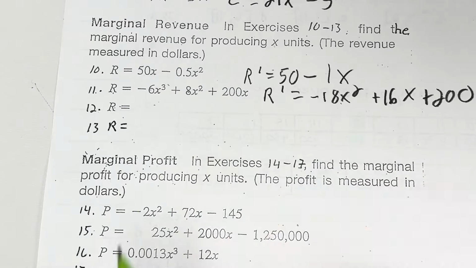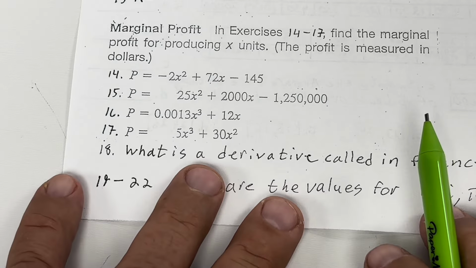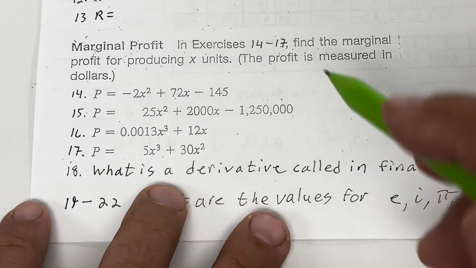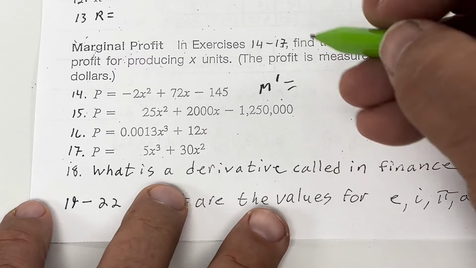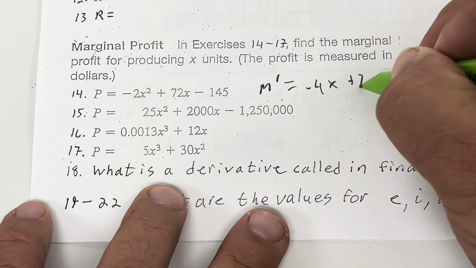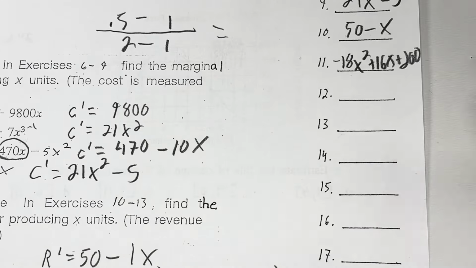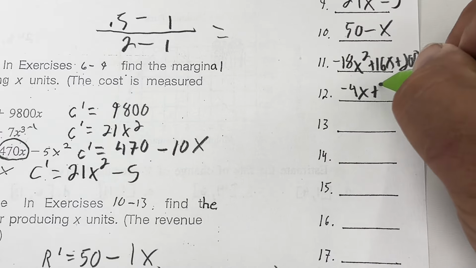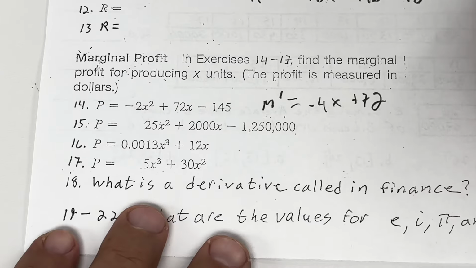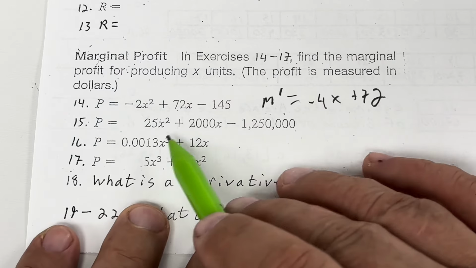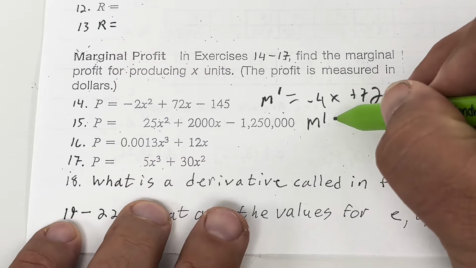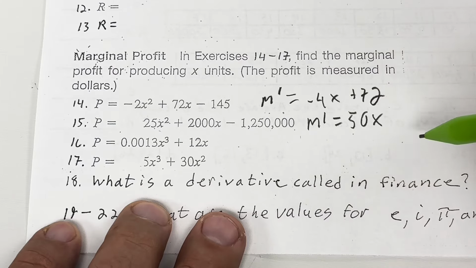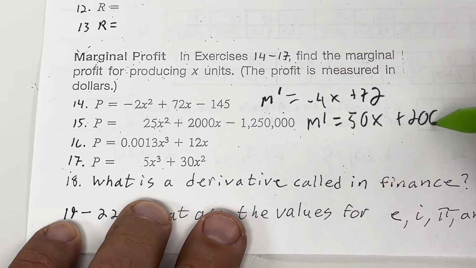These I just have you make up in class. Marginal profit. So now we want to know what M prime is. So M prime, that's going to be negative 4x plus 72. Power rule, so 2 times 25, that's going to be 50x plus 2,000.